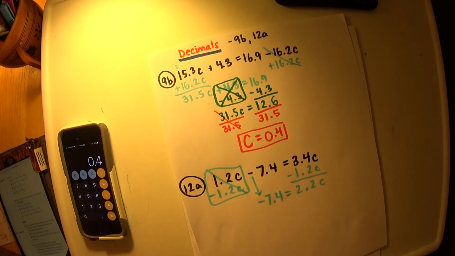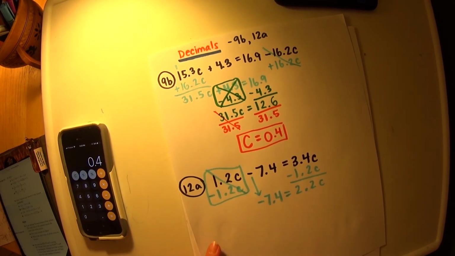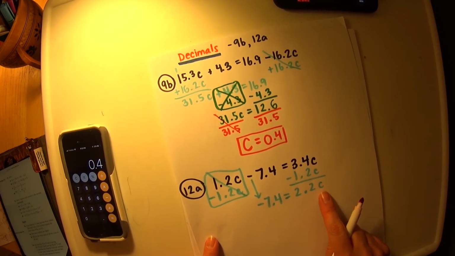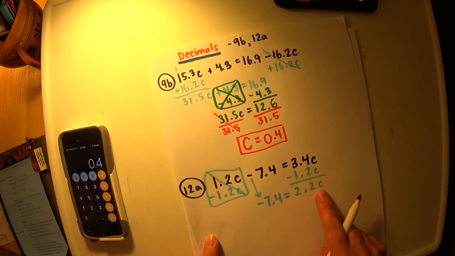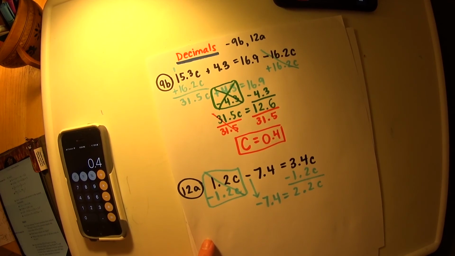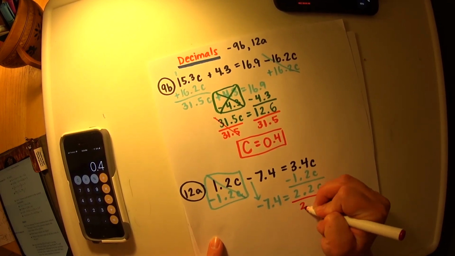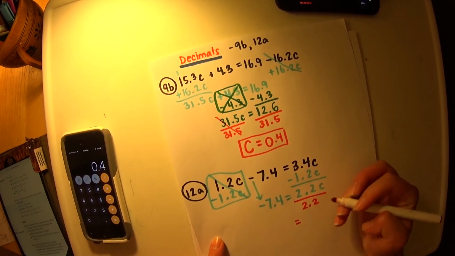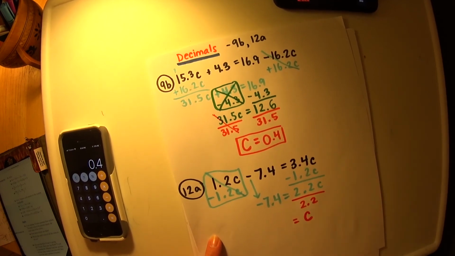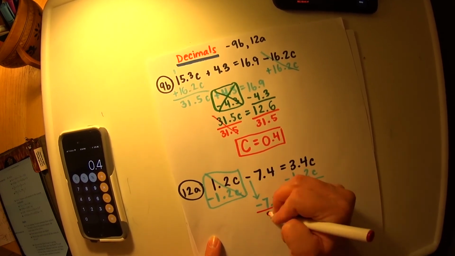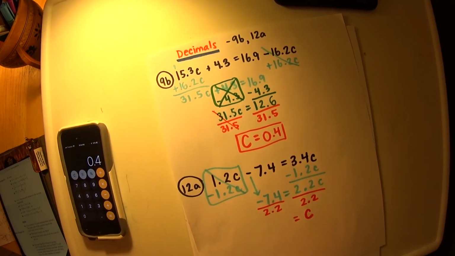Okay, so now we've got a single step equation. There's only one step we need to do to get this c alone, and that is to divide 2.2 by itself in order to be left with just c. But then of course I must do the same thing to the other side.